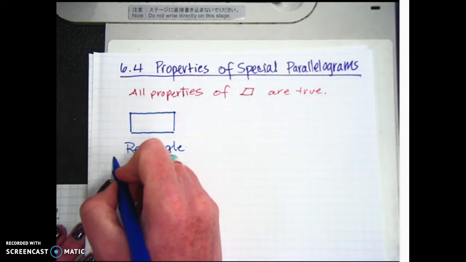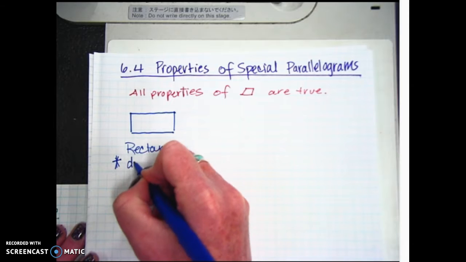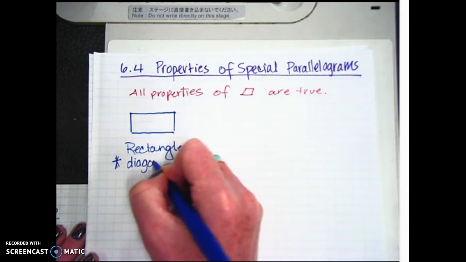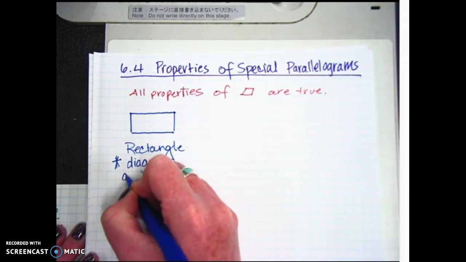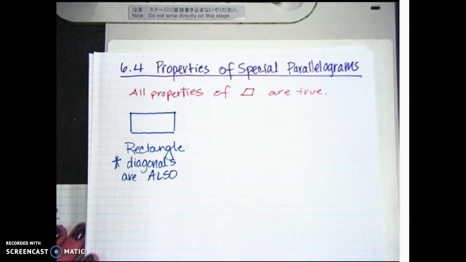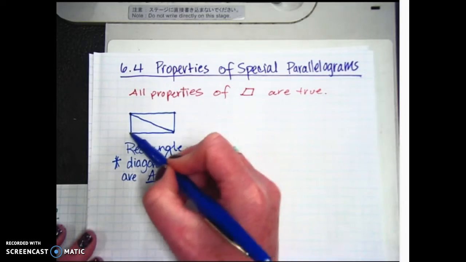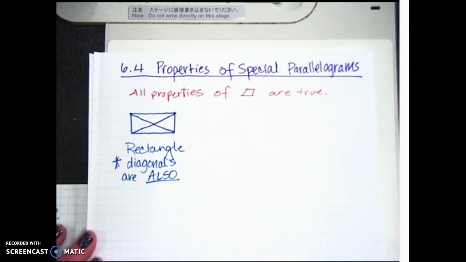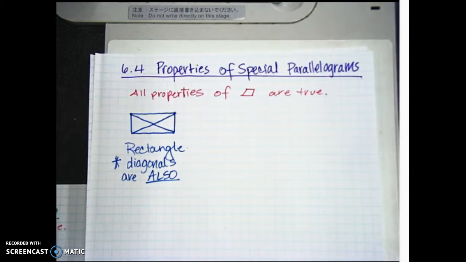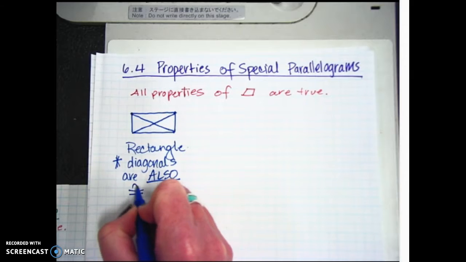But the special property we're going to learn about today is that the diagonals, not only do they bisect each other, but the diagonals are also, who wants to guess? What else do you think? If we drew in a diagonal here and a diagonal here, not only do they bisect each other, but what else do you think is true about them? They're congruent. They're also congruent.